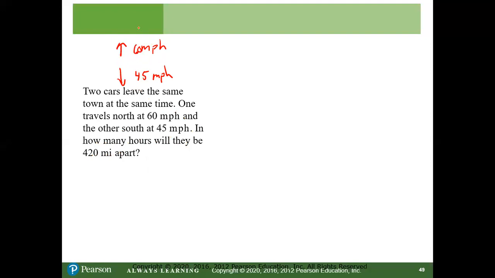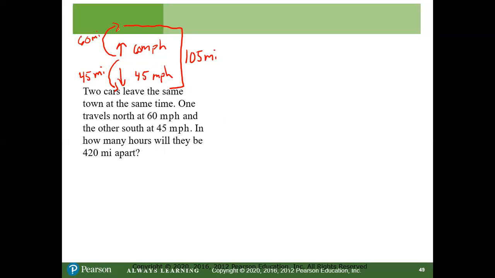If this car is going north at 60 miles per hour, after 1 hour, it will be 60 miles north of where it started. Well, this car, after 1 hour, is going to be 45 miles south of where it started, which means these 2 points are 105 miles apart from each other.